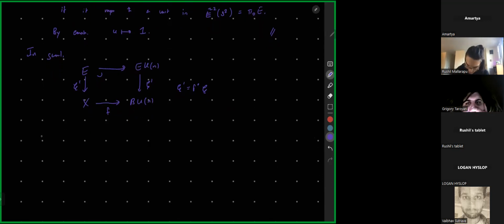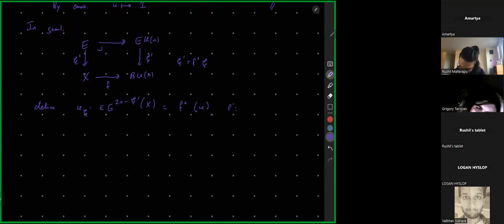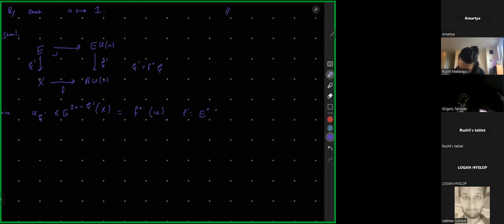And then we can define an orientation U of zeta prime in U2n minus zeta prime of x to just be the pullback of U, where this pullback will map from U2n minus zeta over to U2n minus zeta of x.